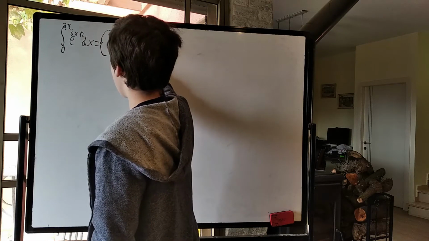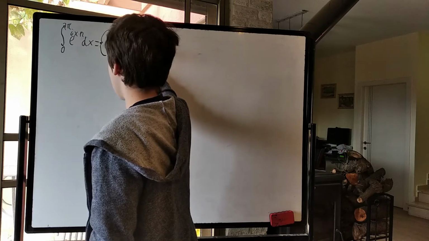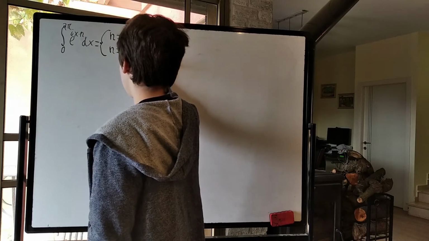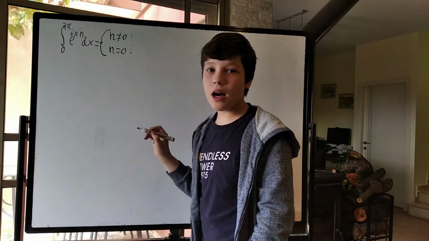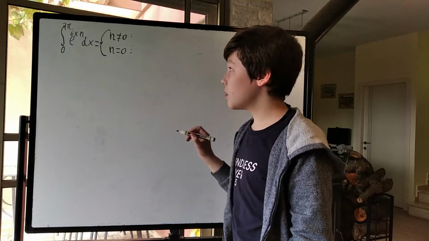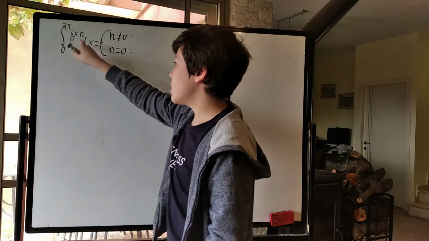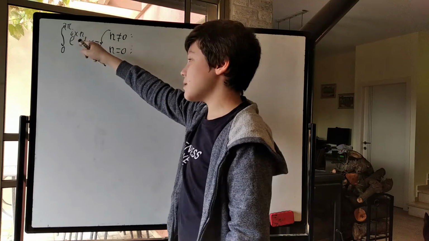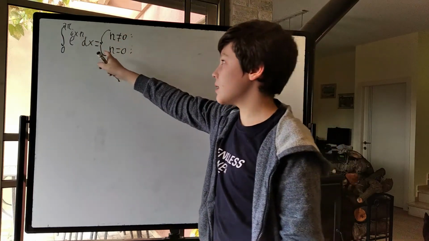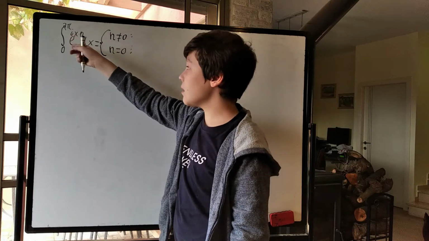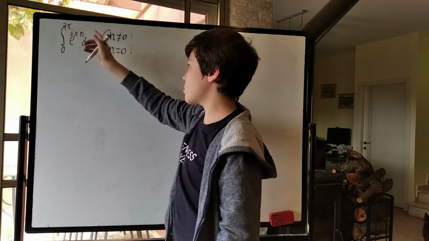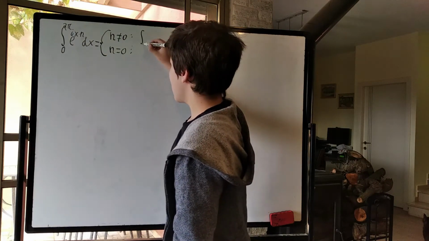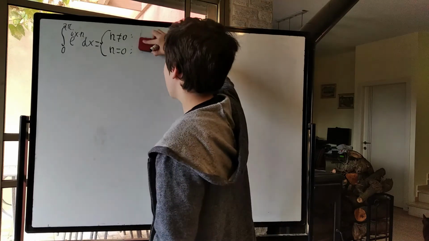So, one, when n is not equal to 0, and the other one when n is equal to 0. So let's see. When n is not equal to 0, since we have e to the x times something, it's going to be the antiderivative: e to the x times that same function, divided by i times n.